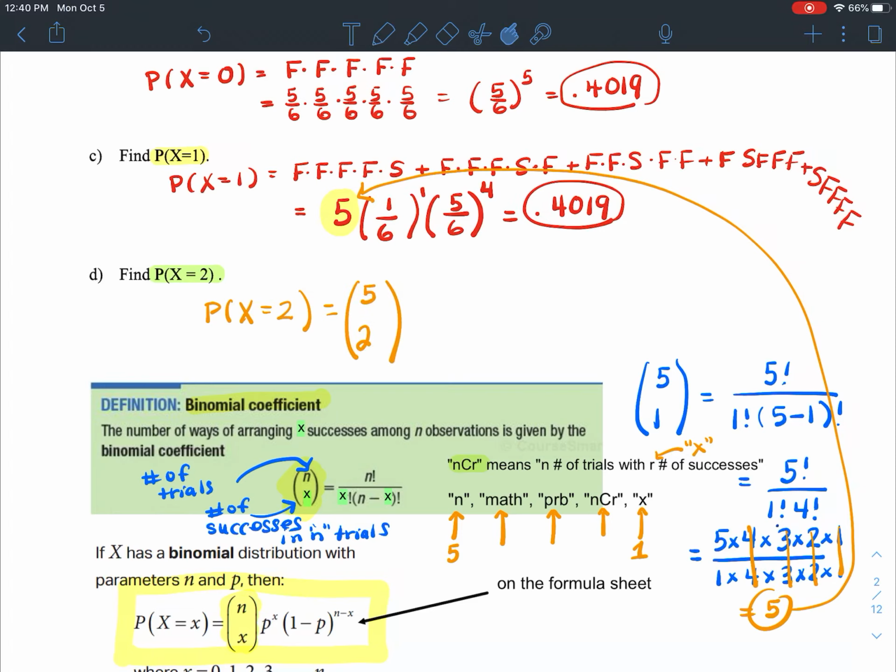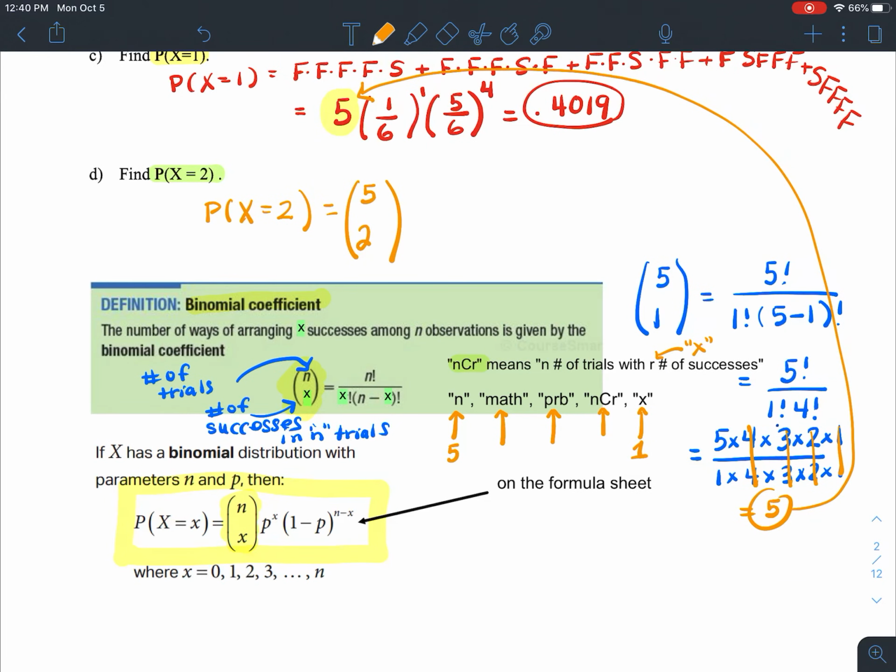Now let me just break down this formula a little bit for you here. We know that this part we can use nCr on our calculator to get that binomial coefficient. The p represents the probability of a success, and then the 1 minus p is the probability of a failure. And you'll notice that that's exactly what we did up here.